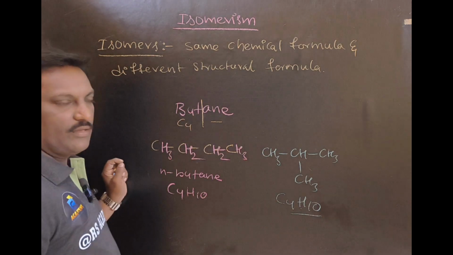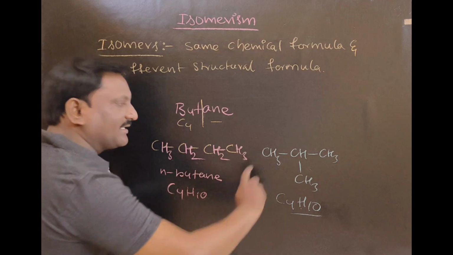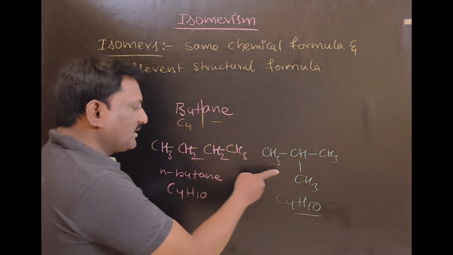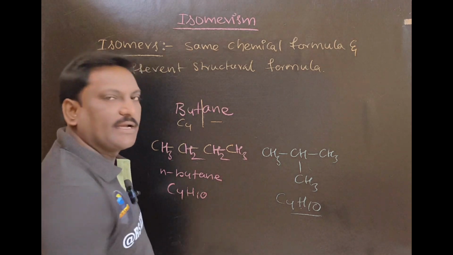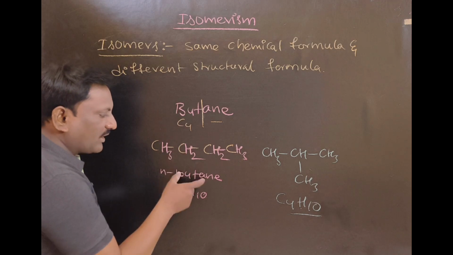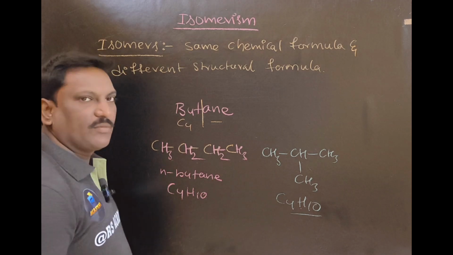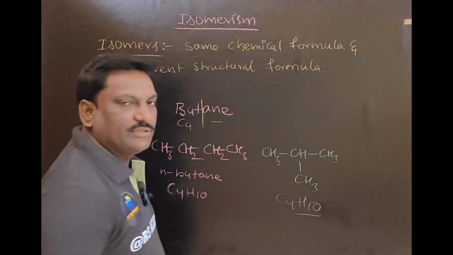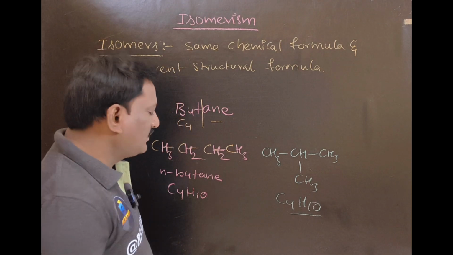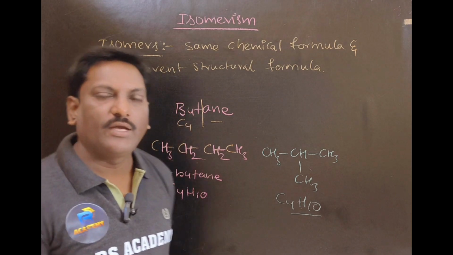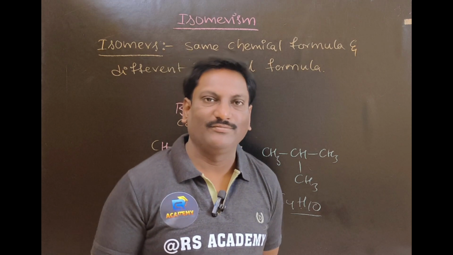Same chemical formula but different structural arrangement. Different structural isomer. So those organic compounds having same chemical formula and different structural formula are considered as isomers. This phenomenon is called isomerism.